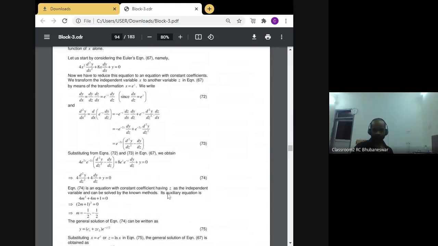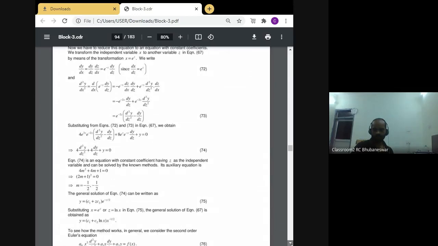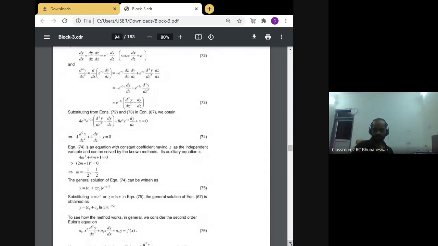As you know, in our previous calculations to solve a homogeneous differential equation, we substituted e to the power mx to get the auxiliary equation. But here we have to substitute x equal to e to the power z, or we can say z equal to ln x.